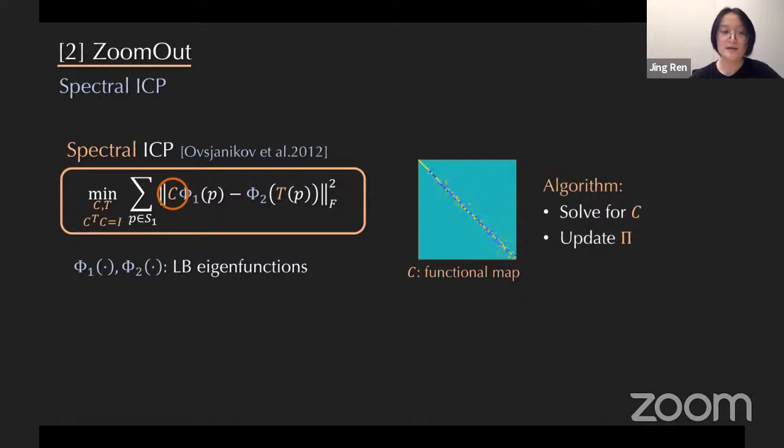The reason is that this phi1 and phi2, the intrinsic features we use, can be large, for example, up to 200 eigenfunctions we want to register. In this case, the functional map we are solving for is a 200 by 200 matrix. So we have a lot of variables to solve. But in the very beginning, the information we have is just very sparse landmarks or a very small set of descriptors.